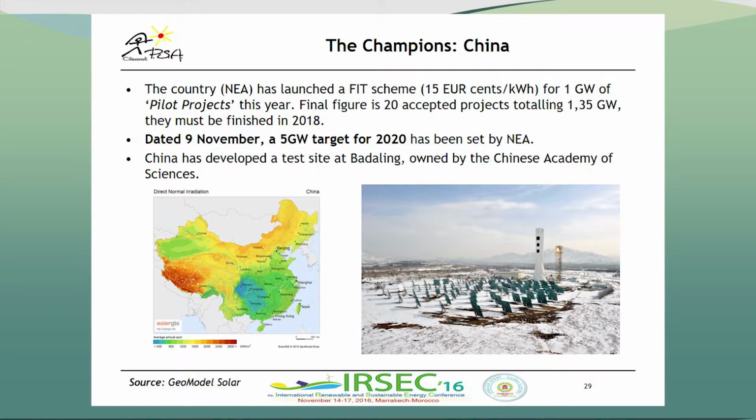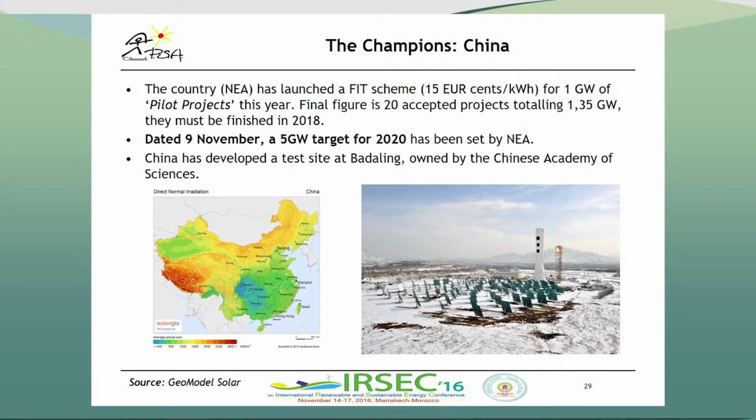Only this region in the western side, by the way, all these nice maps are available at the Solar GIS website, which is a company doing this kind of work. And this is the map for direct normal irradiance, not the global, it's direct. So you see this area on the western side where they plan to deploy over 1 gigawatt as kind of pilot projects, which is nice.